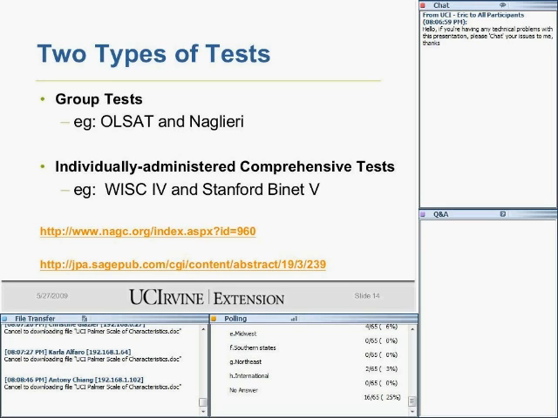But given that schools can't give individually administered tests to each child because it takes about 2 hours to administer a test and another couple of hours to do the report, the group tests are a good way to screen.